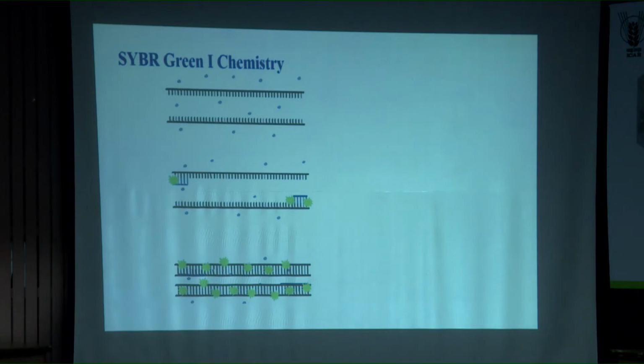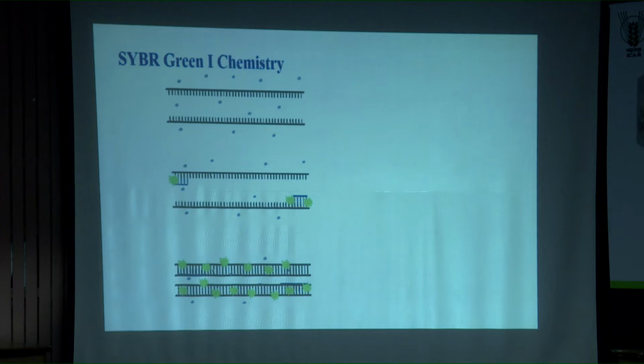Now what happens? What is the first step in PCR? Forget about qPCR, come to PCR now. What is the first step in PCR? Denaturation. The double-stranded DNA is converted into single-stranded DNA, correct? Isn't it? So then again, what happens? Annealing. After annealing, what happens? Extension. After extension, what happens?